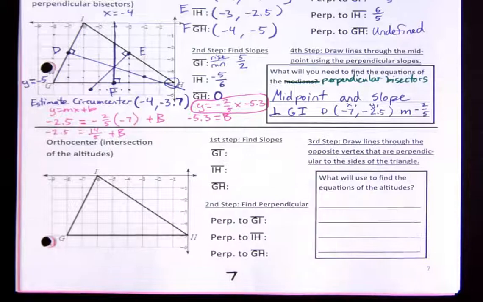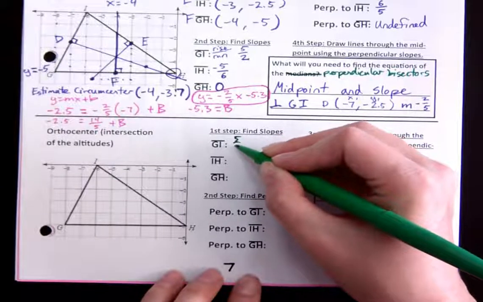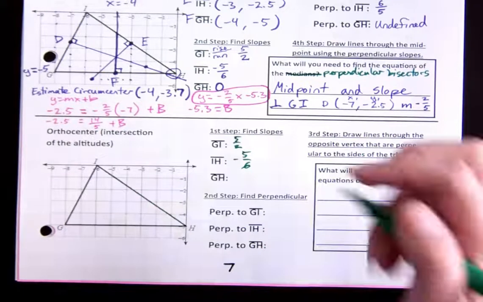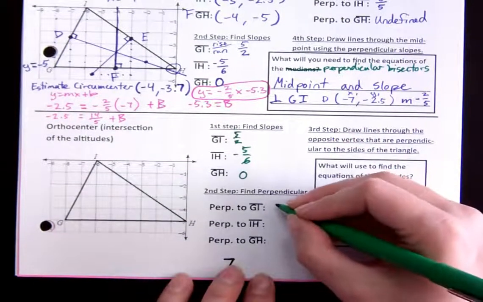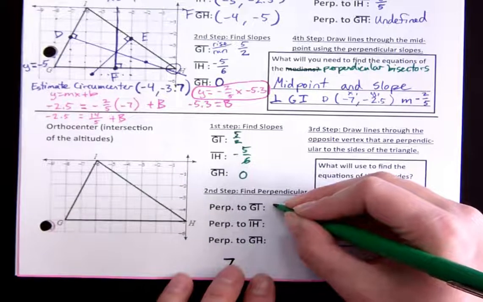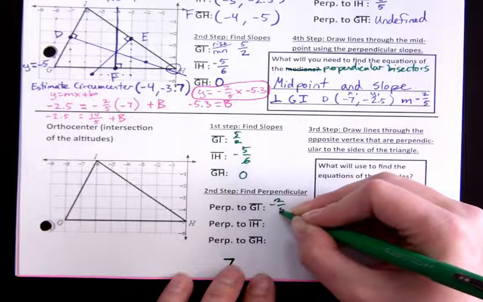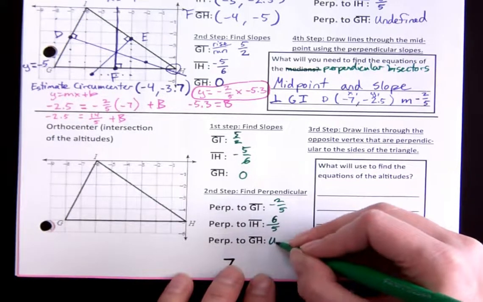Recording. Okay, our last orthocenter is the easiest because we already have what we need. So we already have those slopes of 5/2, -5/6, and 0. We already have those perpendicular slopes, which are our -2/5, our +6/5, and our undefined.